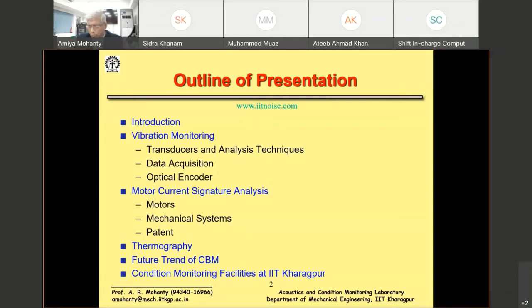So this motor current signature analysis is a technique which is coming up. Another technique which is very strongly coming up is thermography. You remember, earlier we used to measure the temperature of blast furnaces with radiation pyrometers, looking at the filament color, matching it in the background and measuring the temperature.